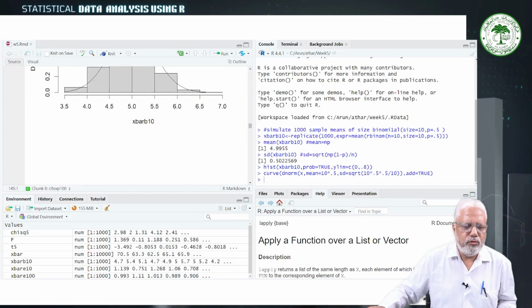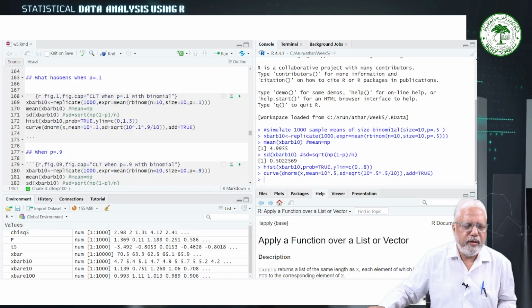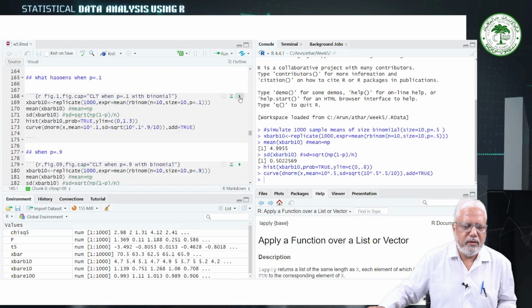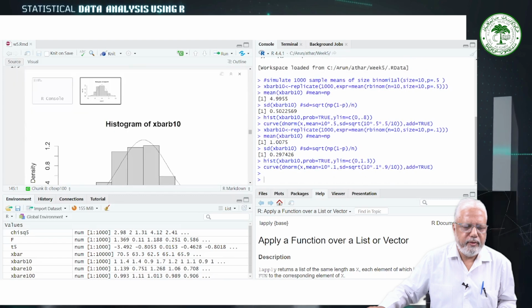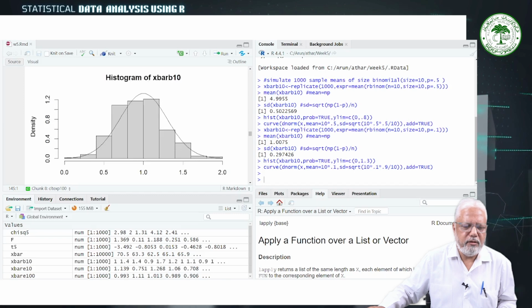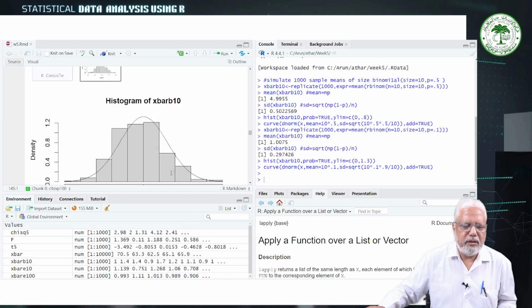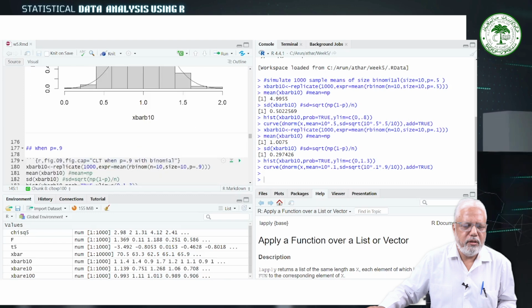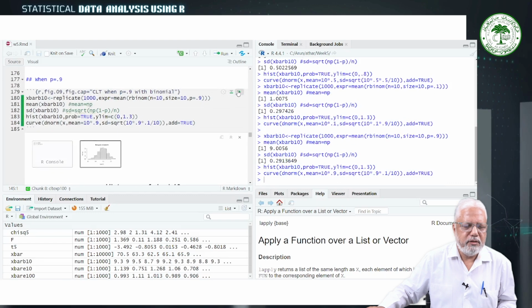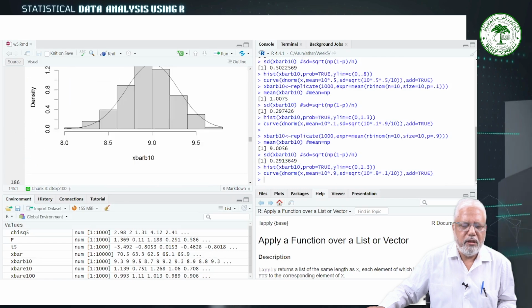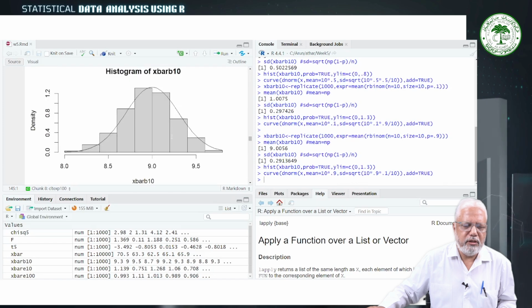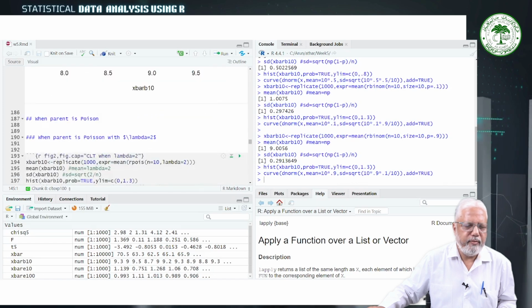But when we go for p equal to 0.1, it is not in good agreement because it is right skewed. Now when p is equal to 0.9, it is left skewed. So here the skewness is not good.